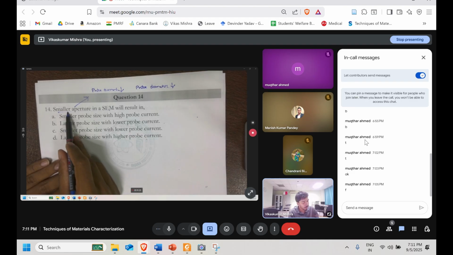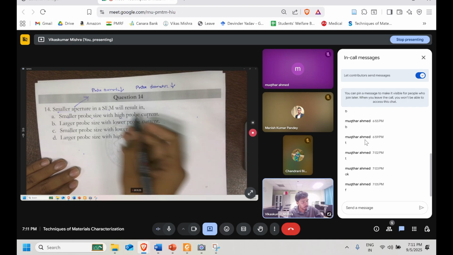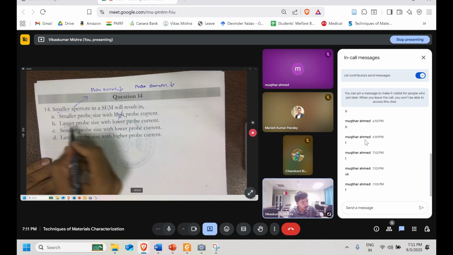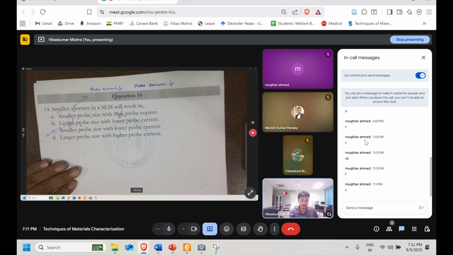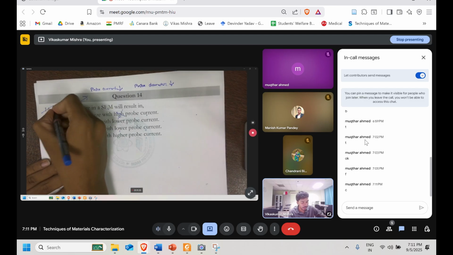So what we can say: a smaller aperture, a smaller probe size with high probe current, no. Larger probe size, no. A smaller probe size, low probe current, right? So the right answer, very good Evan, is option C.